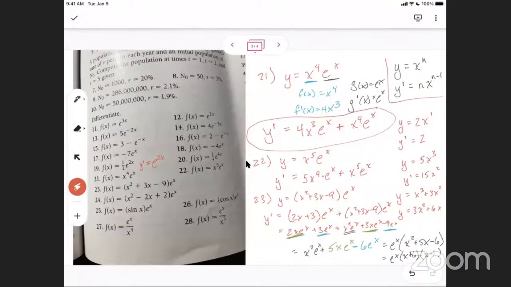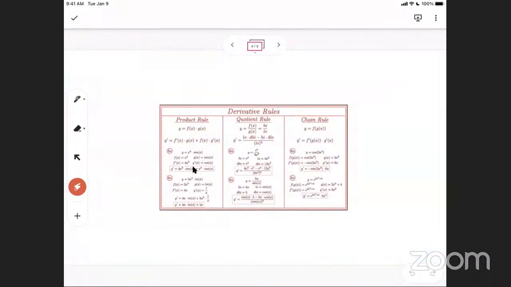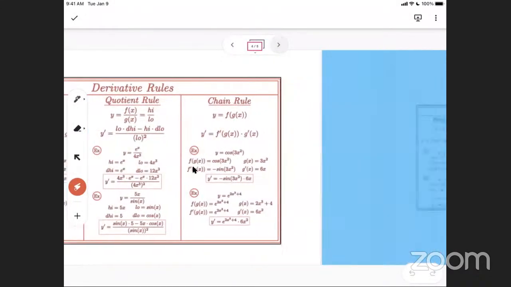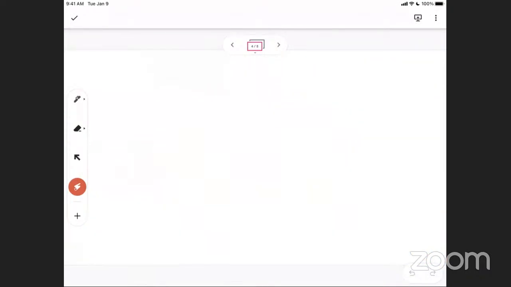Okay, page 4 now. That's not what I thought I put on there. Let me try that again. Apparently I took 2. Oh yeah, there it is.